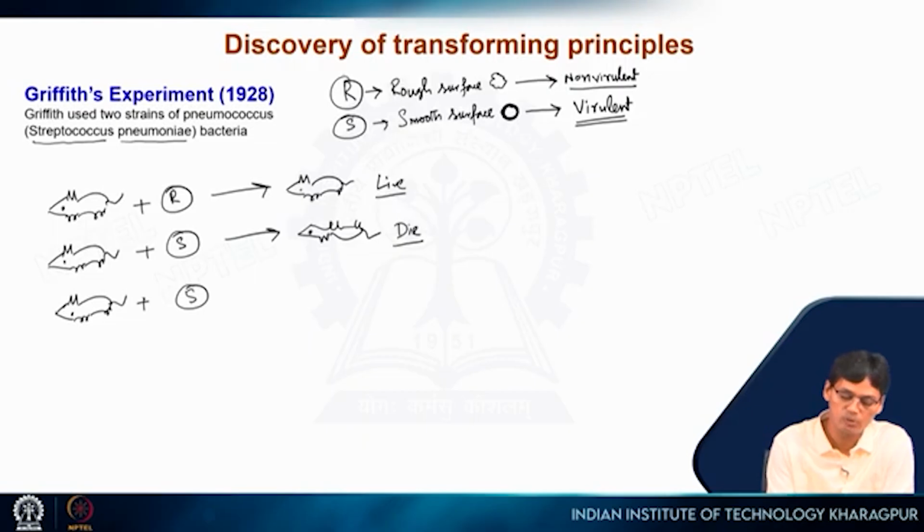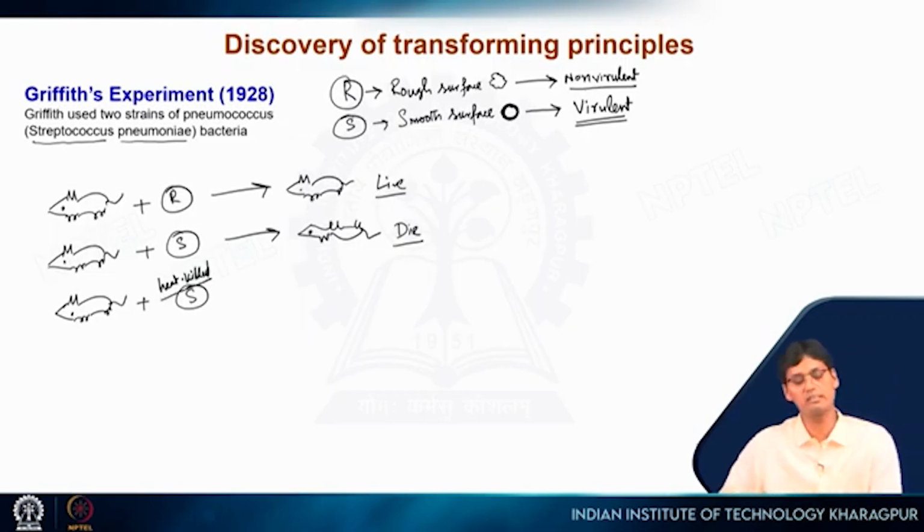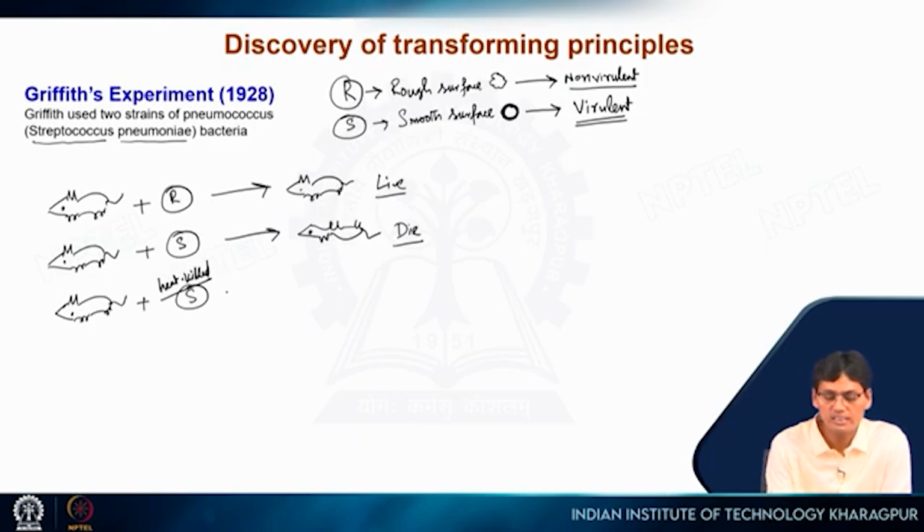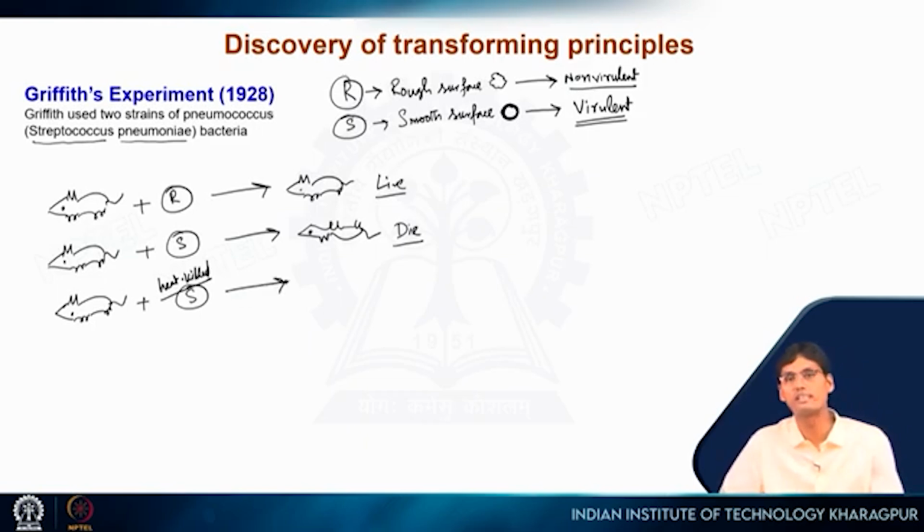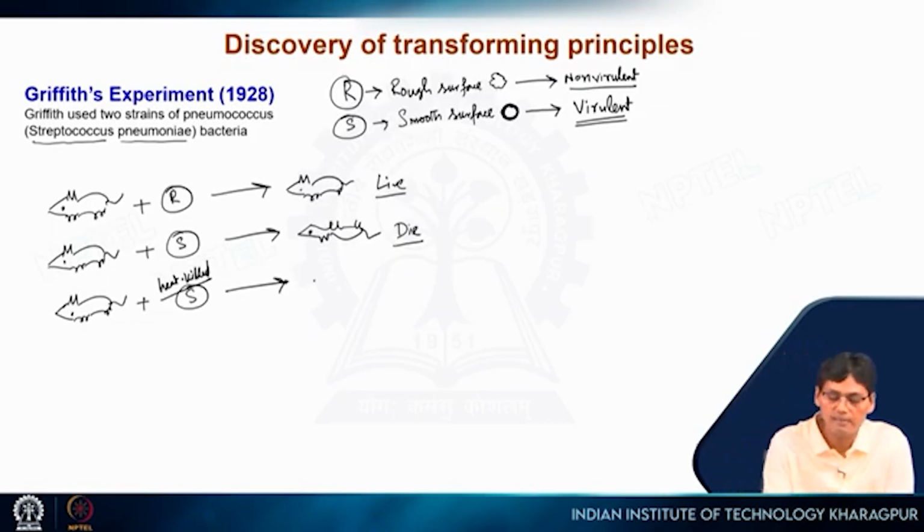This is called heat killed S strain. Since those bacteria are dead, they cannot cause the disease, so again the mouse survived.